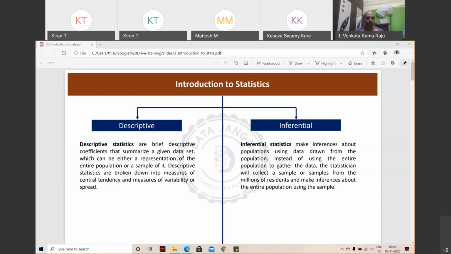So descriptive statistics is about describing the whole data, and inferential statistics is about taking a small set of data, or multiple sets of small data, and understanding the total data. Generally I take exit polls as an example. Exit polls predict who is going to win the next elections.